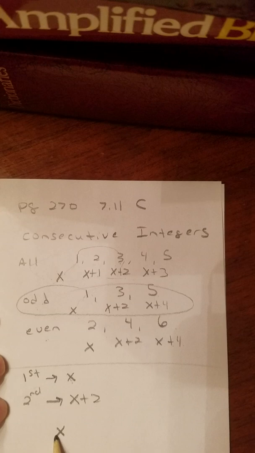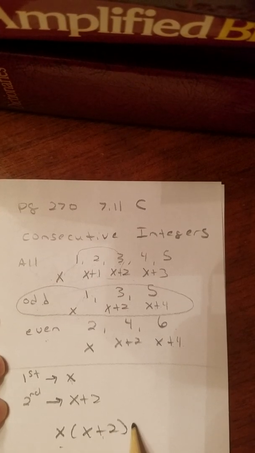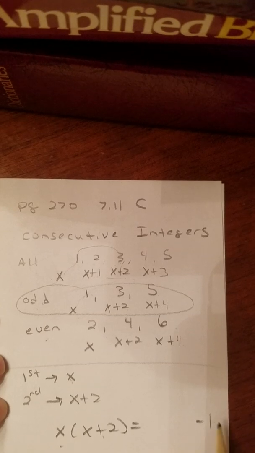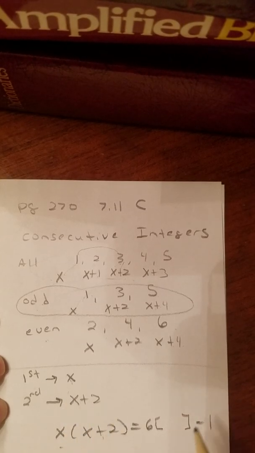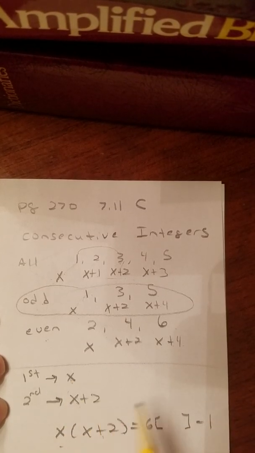So I'm going to go x times x plus 2, whose product is 1 less than 6 times their sum, the sum of these, right? If I add these together, I get 2x plus 2, right? So that's their sum.